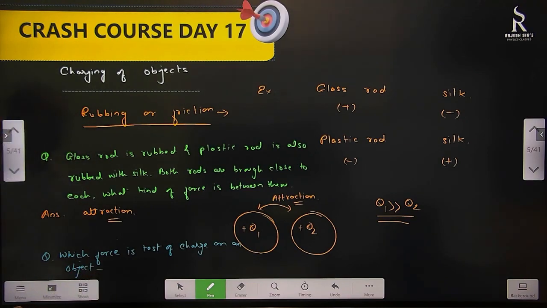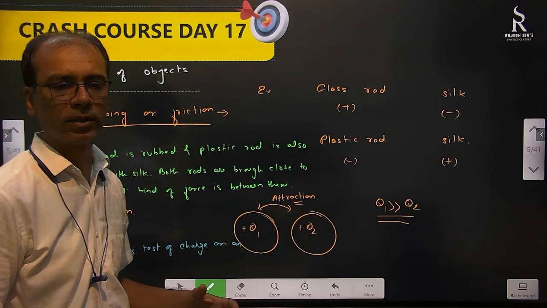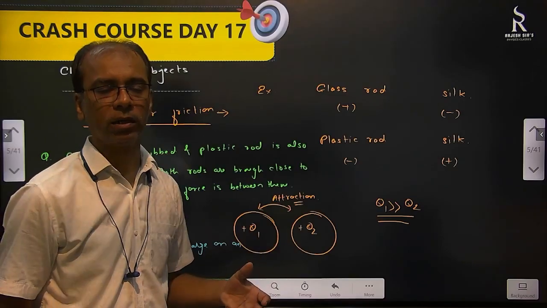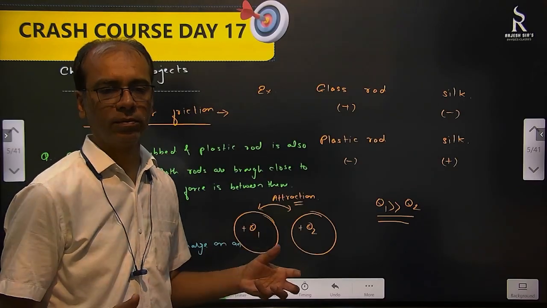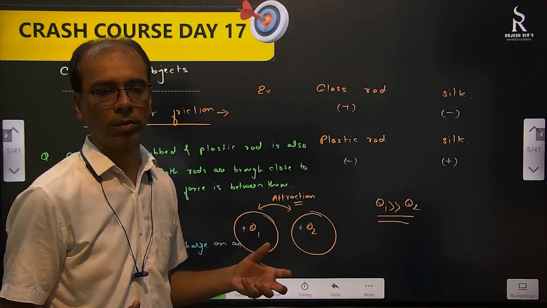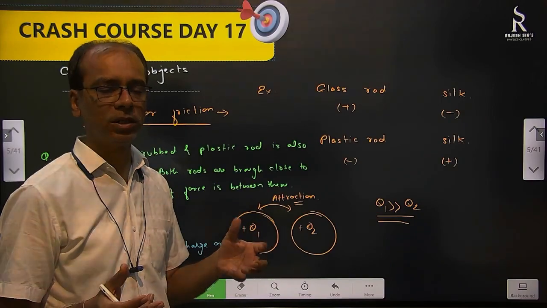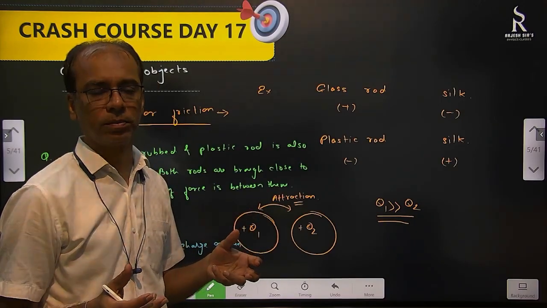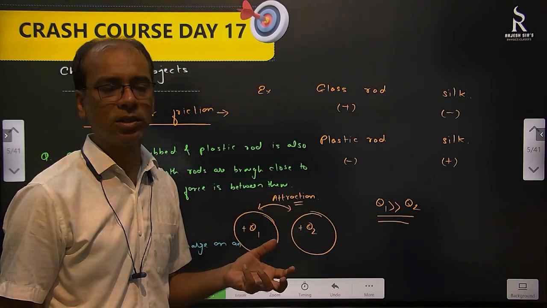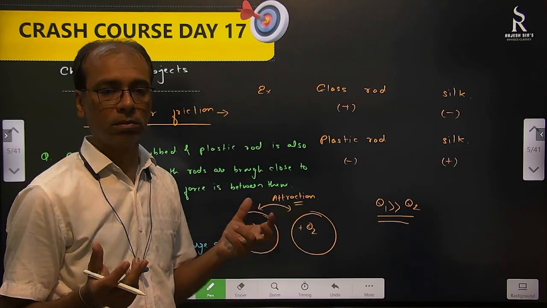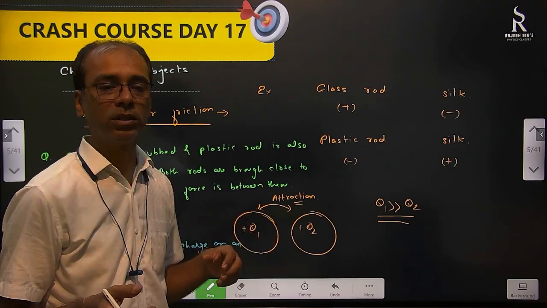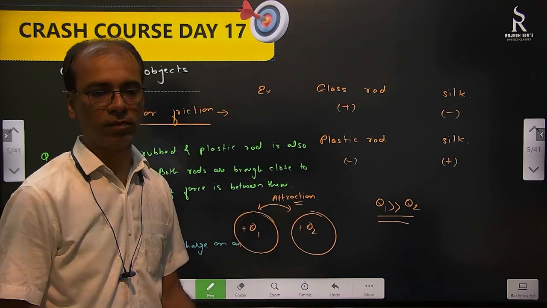Okay, which force is there? Suppose you bring two objects and they start attracting. Is it a test of both objects being charged? The answer is no, because a charged object can attract a neutral object also. So attraction is not the test of two charged objects. Then what is? Repulsion force.